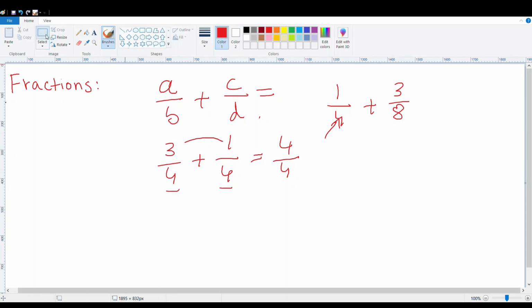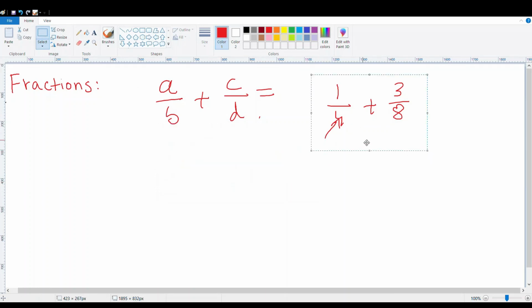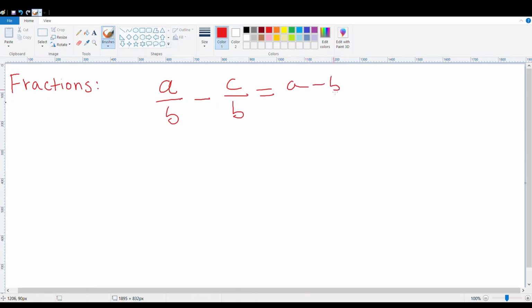Subtraction works analogous to addition, except that instead of adding the numbers, you subtract them. And again, the denominators need to be the same, otherwise you're going to run into a bunch of problems. This would be like this.